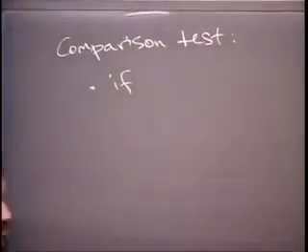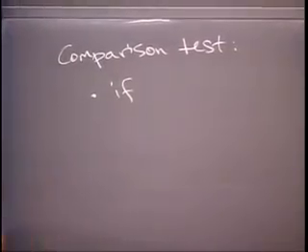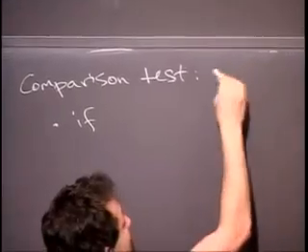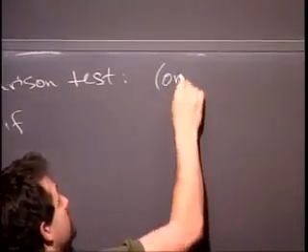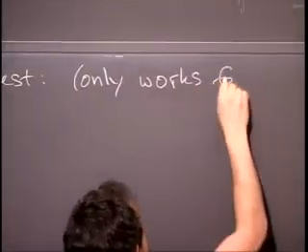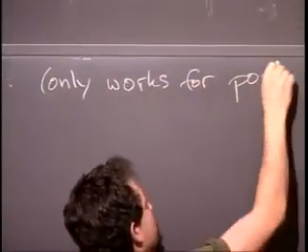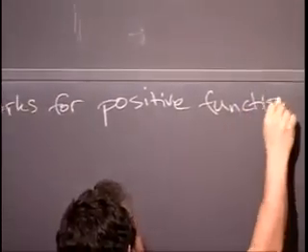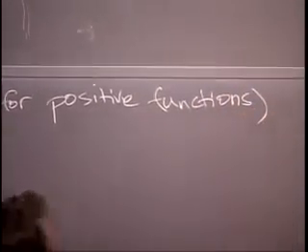I'll tell you the divergence one first. So, again, I did all this last time, but this is just to summarize. And let me just precede this by saying it only works for positive functions. I mean functions which are always positive, or at least near their problem spots will do.